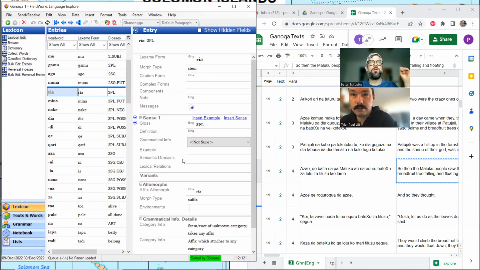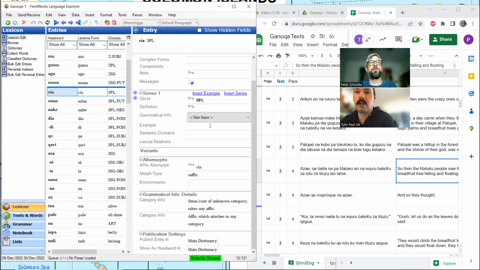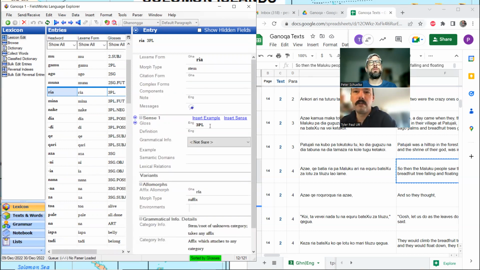So how do you do it? What do we actually do? I control clicked it, but we actually have it as third plural. That's right. I remember doing this last time, I believe. We had marked it as an object originally, and we just took that specification out. But why it's constantly giving us the gloss is because that's a different level of analysis. It doesn't update the gloss so easily.